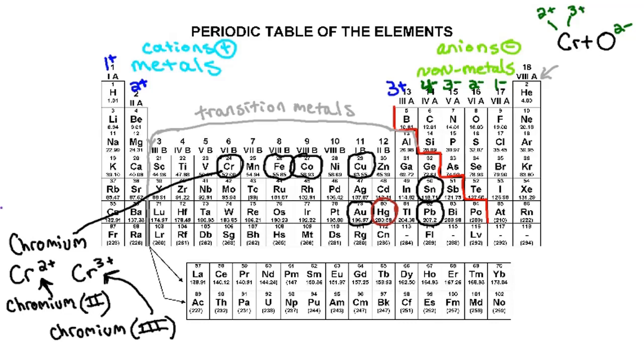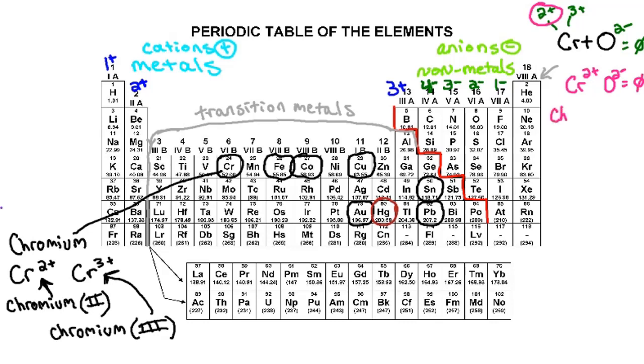But since ionic compounds need to equal a 0 charge, we know we should pick the chromium with the 2 positive charge, because it and the oxygen with the 2 negative charge will equal a 0 charge.